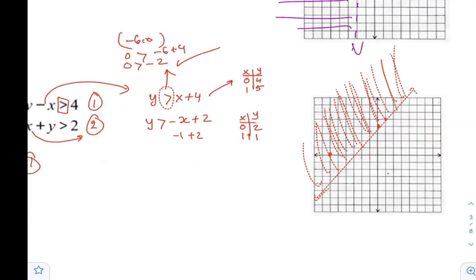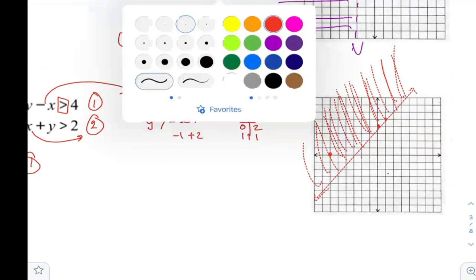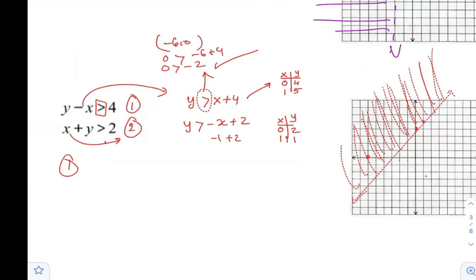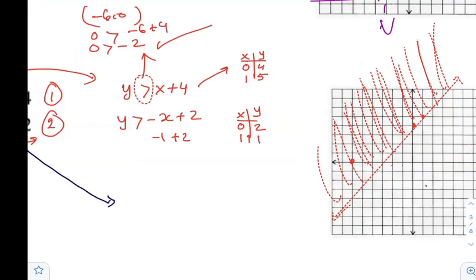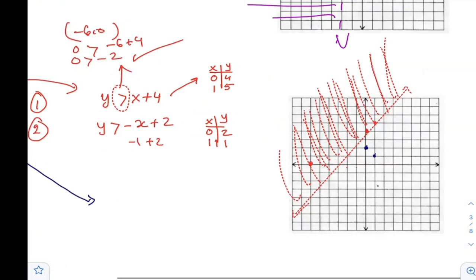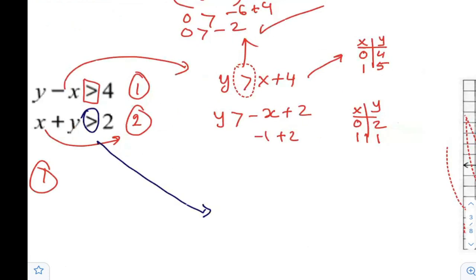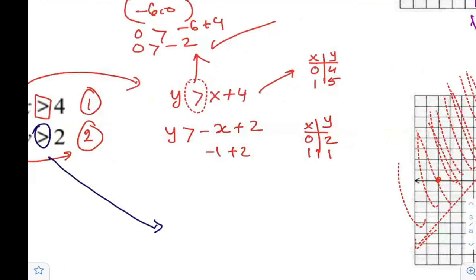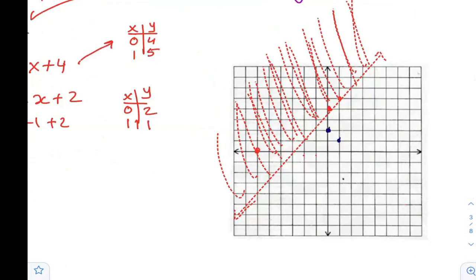Let's go to the next one and I'll choose another color. Let's choose the blue or dark blue. Here, 0, 2 is the intercept. Second one is 1, 1, which is this one. And before we match, make sure it is a dotted line. Go to the dotted option and we will match.